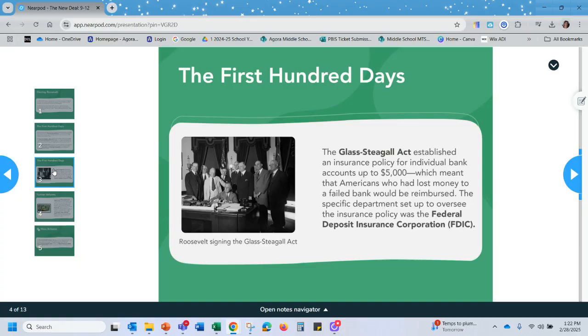The Glass-Steagall Act established an insurance policy for individual bank accounts up to $5,000, which meant that Americans who had lost money to a failed bank would be reimbursed. This specific department set up to oversee the insurance policy was the Federal Deposit Insurance Corporation, or FDIC.